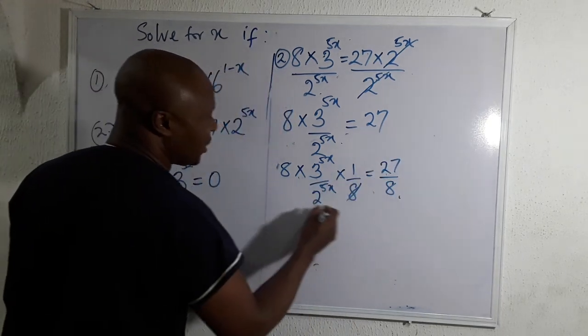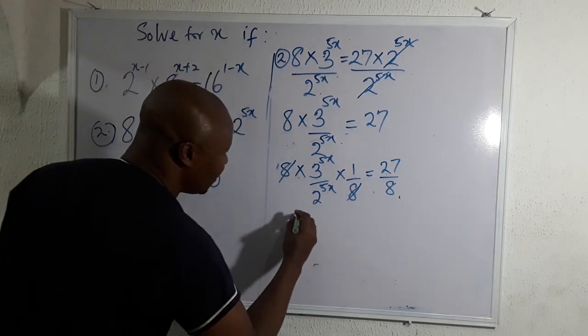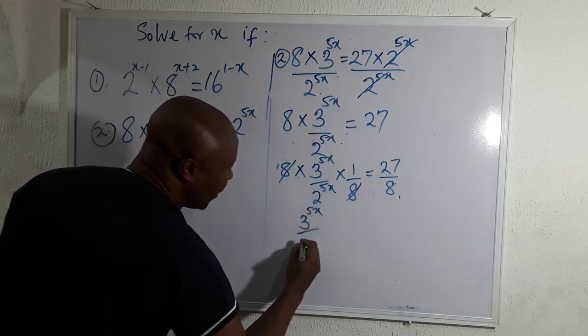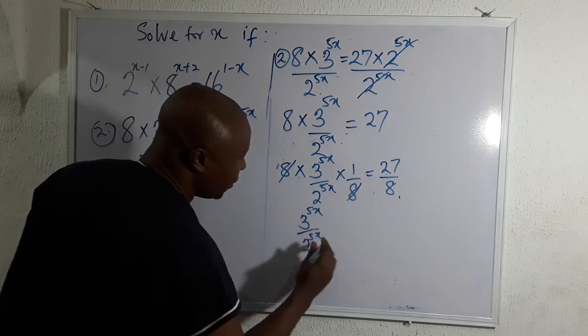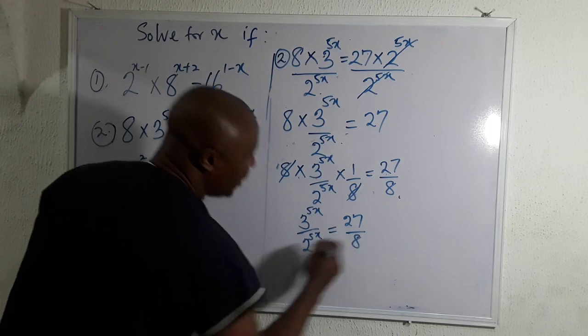So this 8 cancels this 8. What you have left on this part is 3 raised to power 5x over 2 raised to power 5x is equal to 27 over 8.